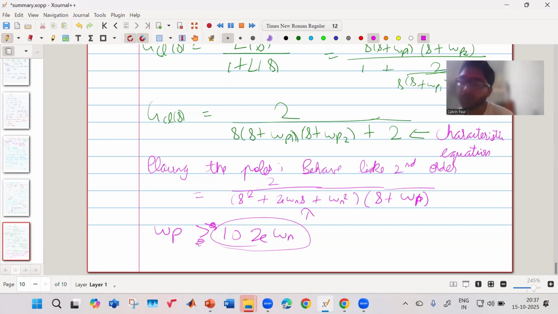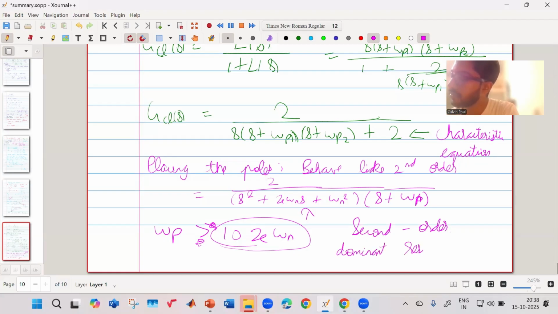So it is placed 10 times more than the real part of your second order poles, so that it would behave like a second order dominant response. So this sort of question also could be asked.